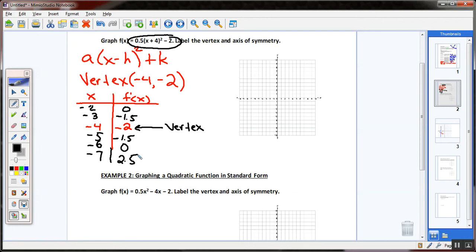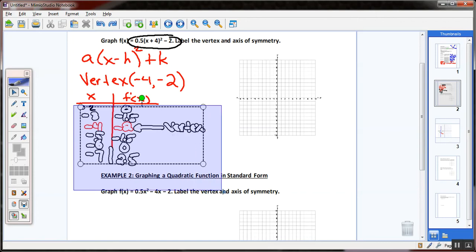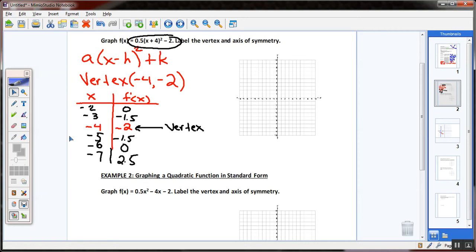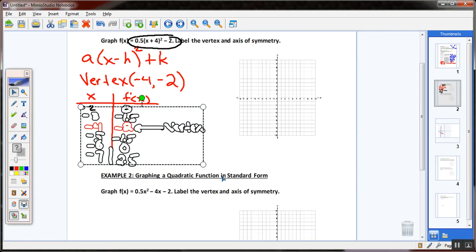I don't know where to put that. How about we try this? That didn't work the way I wanted it to.